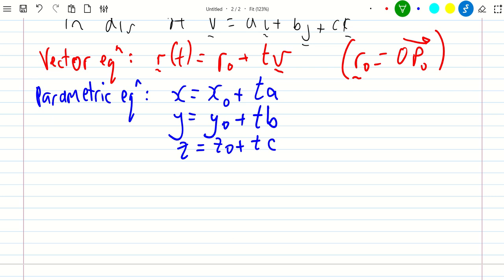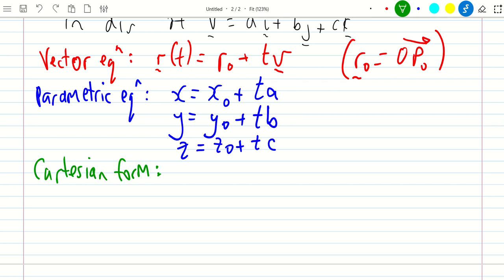And thirdly, you can write this in Cartesian form. Just remember that Cartesian form is when we don't have any parameters, no t's or gammas or anything like that, purely just in terms of x, y, and z. This is just rearranging all this up here.